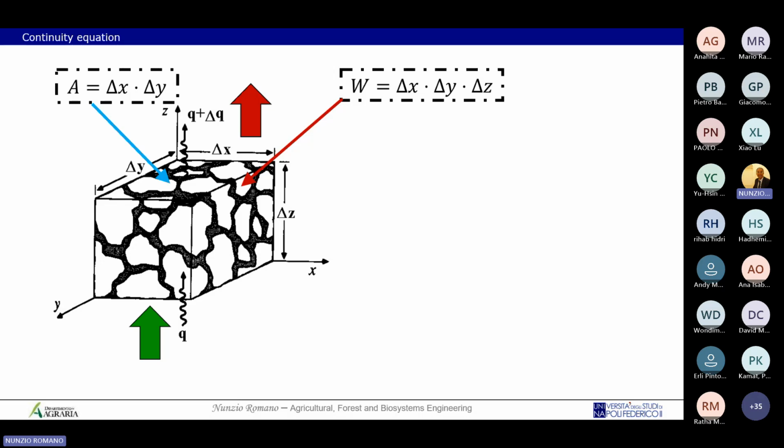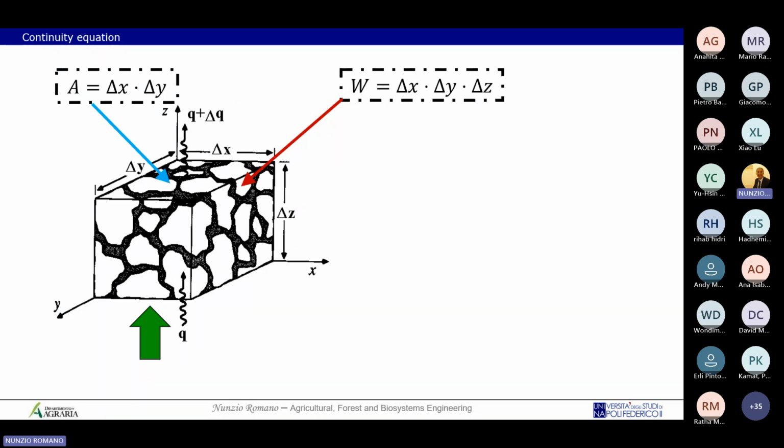Actually, we should keep in mind that delta Q can have a different sign. Delta Q can be zero. That means that the amount of water that enters the control volume is exactly equal to the water that exits the control volume.